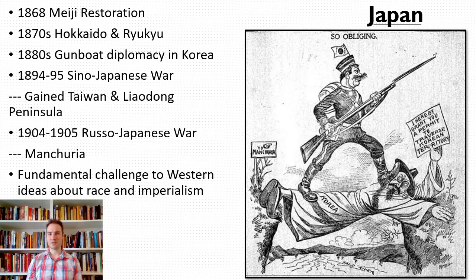Another counterexample to this whole narrative of Europeans and Americans taking over the world comes from Japan. So last time we watched that video on the Meiji Restoration, and part of that was their taking over of other places. So after 1868, Japan is hell-bent on modernizing and industrializing, even at the sake of their own people, all kinds of stuff.